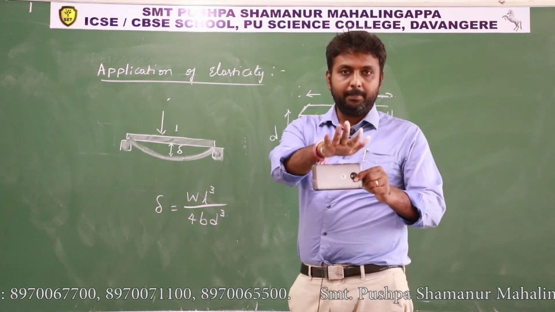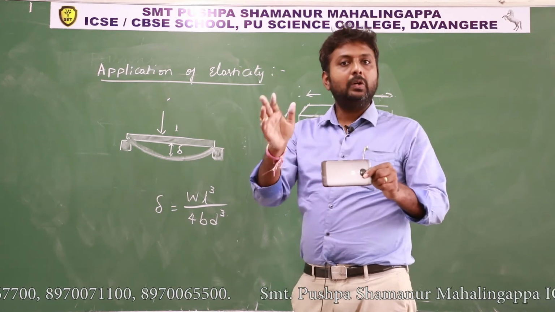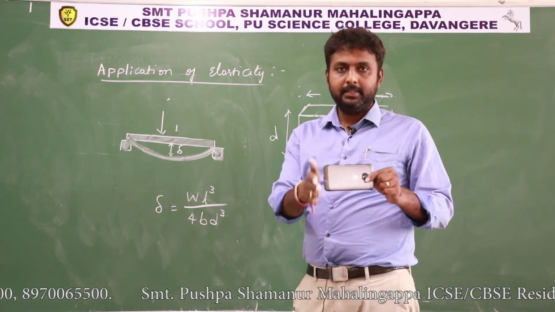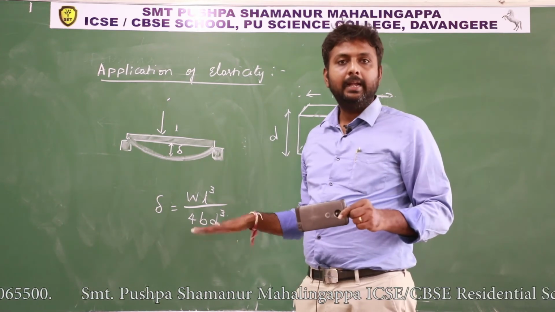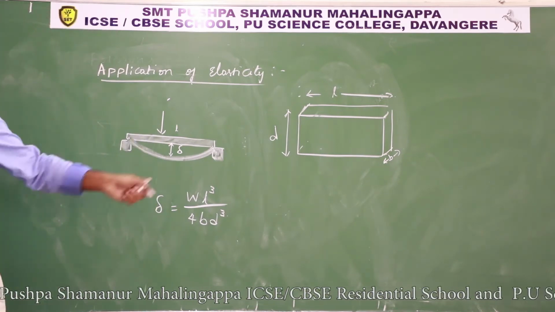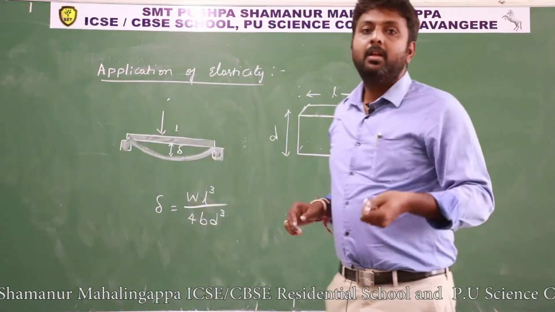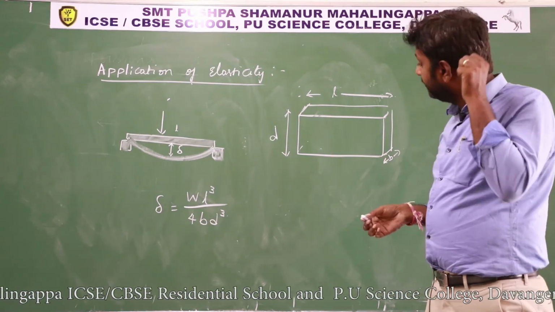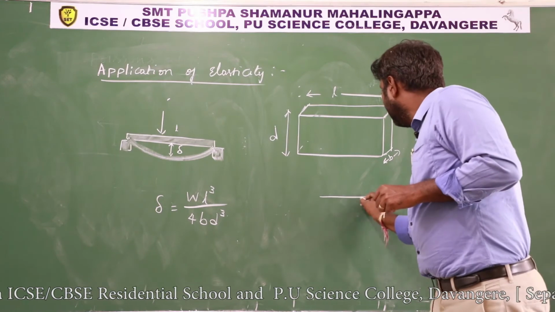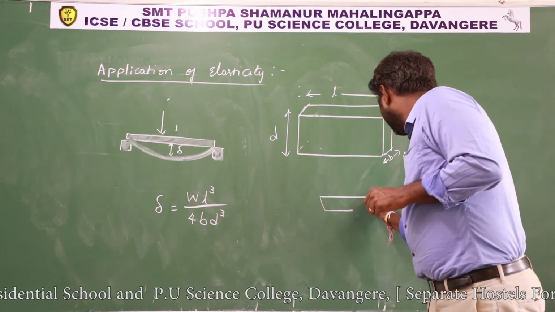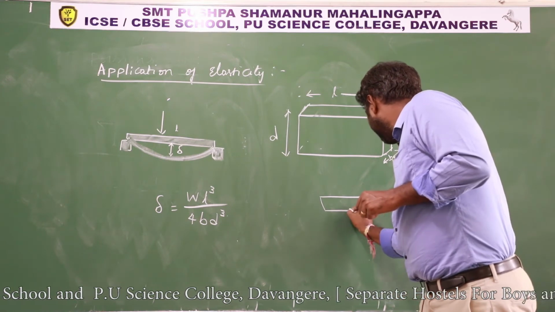So the same force you apply now will not create any depression. So by increasing the depth, we can reduce the depression. Because of this, while constructing bridges, you may have seen an I-shaped beam.